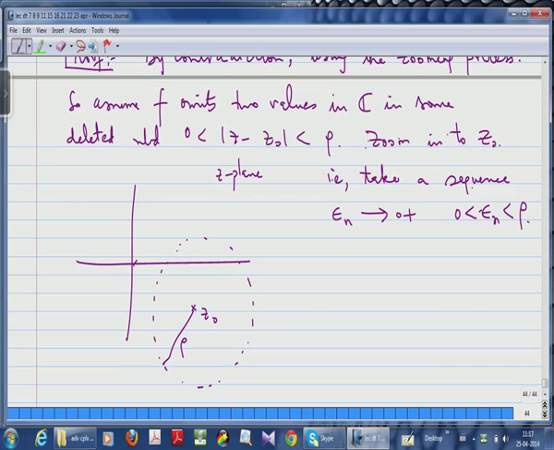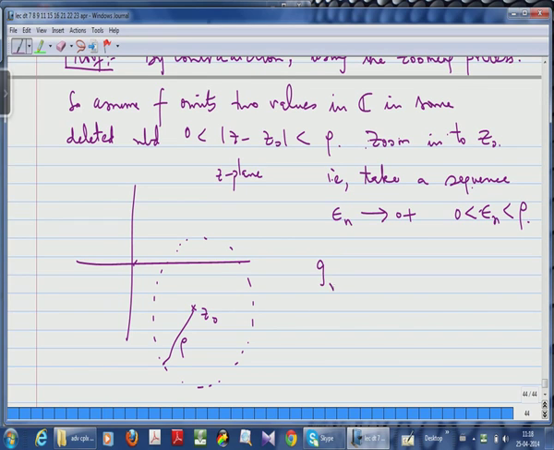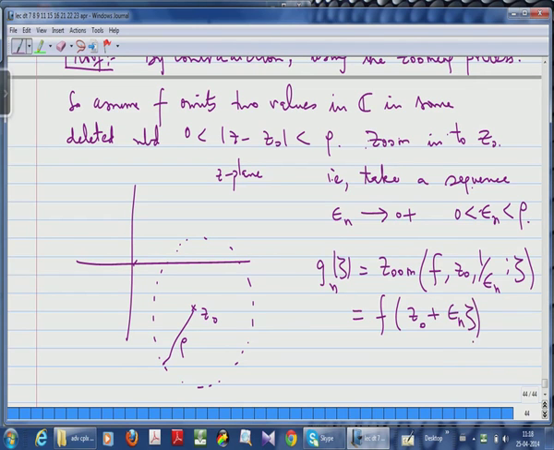So you take a sequence of smaller and smaller radii, and let Gn of zeta be the zooming of the same function f, centered at z naught. The scaling factor is 1 by epsilon n and the variable is zeta. So this means that you are just taking f of z naught plus epsilon n times zeta. This is the function. So this is what my Gn is.